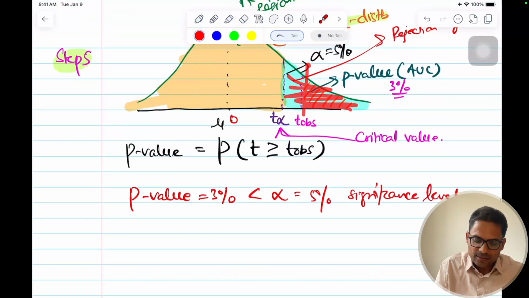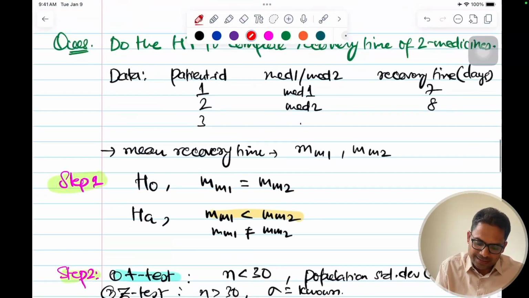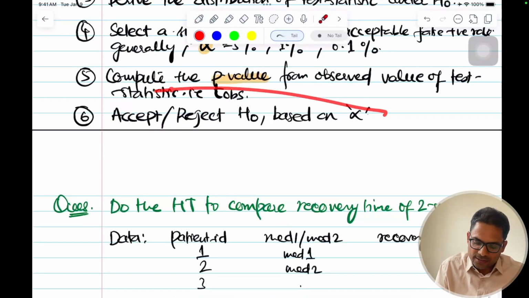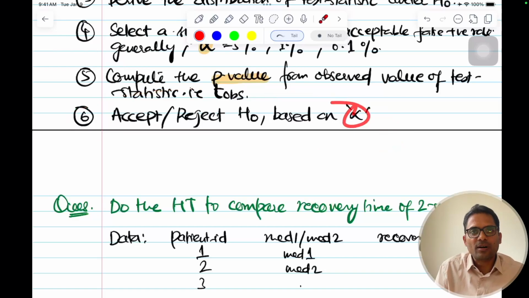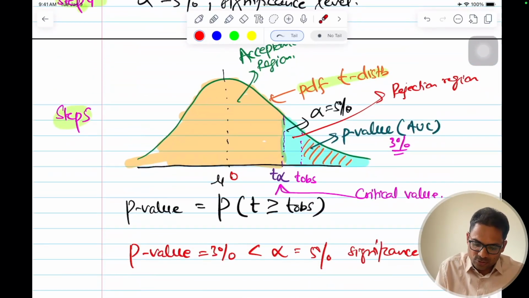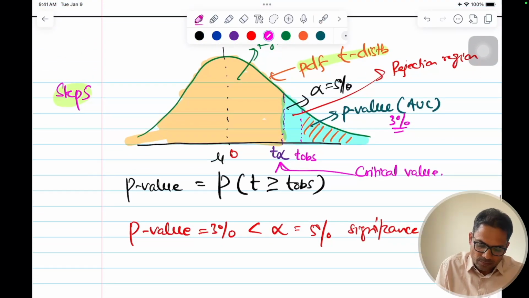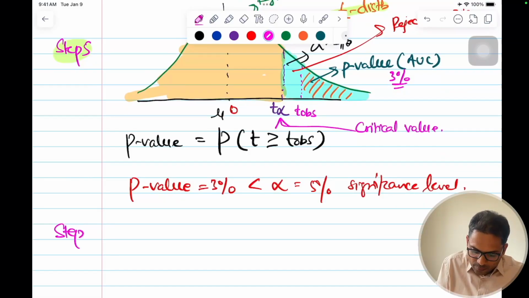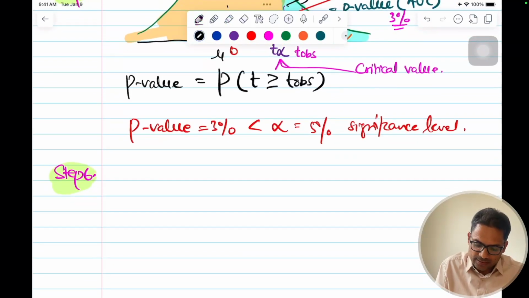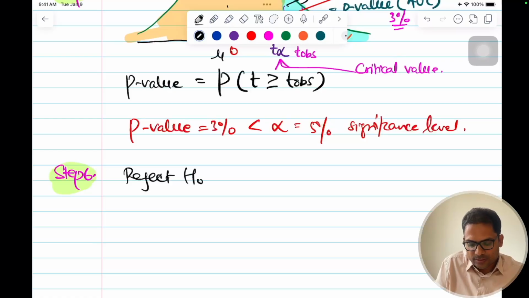So in step 6, what is my step 6? Accept or reject the null hypothesis based on alpha. Here, as I have explained so much, my null hypothesis will be rejected. So I reject the null hypothesis.